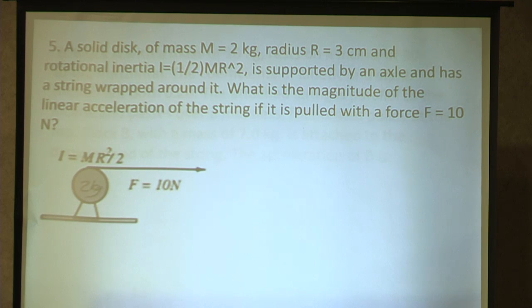So the mass of that disk is 2 kilograms, a radius of 3 centimeters, and rotational inertia given by this equation. It's supported by an axle and has a string wrapped around it. What is the magnitude of the linear acceleration of the string if it is pulled with a force of 10 newtons? Okay, so there's a lot of stuff that they just threw out at us, and it's kind of confusing.